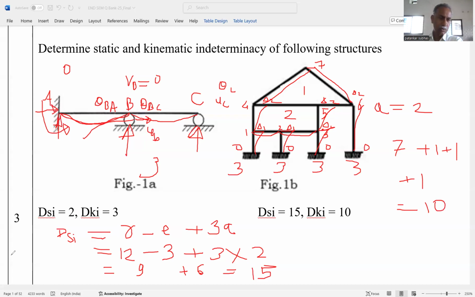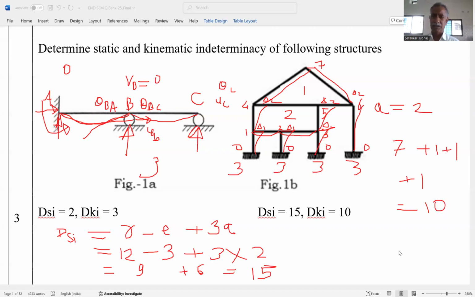Okay, so for the frame, we have considered kinematic redundancy is related with the rotation, that is the theta. As the joints are rigid, therefore at every joint only one theta is there. But if there is an internal hinge, then the number of members connected matters.